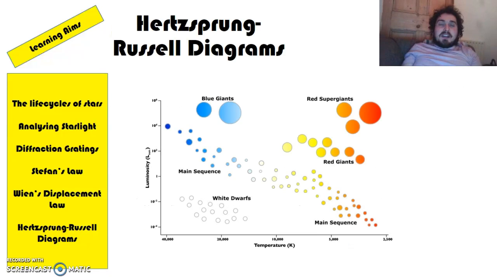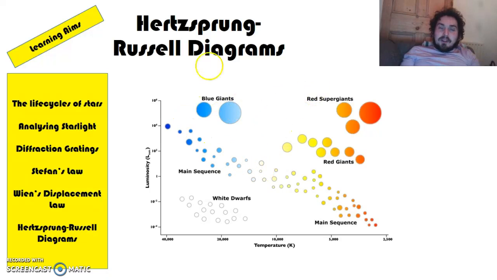Anyway, then you've got finally the Hertzsprung-Russell diagrams. What these are is a statement of temperature and luminosity and how they're related. Now, we know that L is directly proportional to T to the power of 4, but we've just got stuff all over this diagram, and the reason for that is that stars behave differently at different stages in their life.